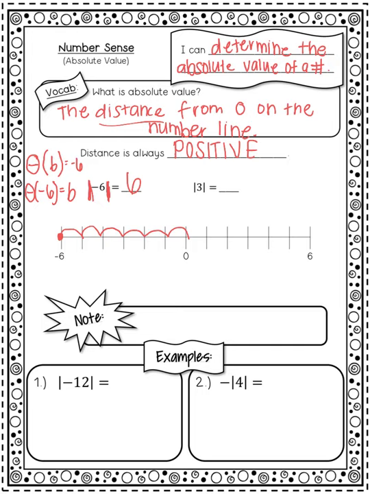The absolute value of 3: 1, 2, 3, here's our 3 on the number line. Our distance, our amount of hops to get to 0, is simply 3. Therefore, the absolute value of 3 is still 3.